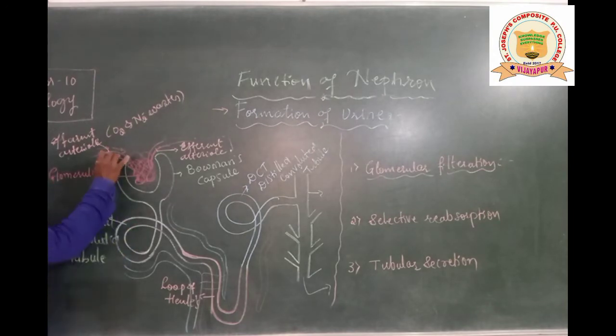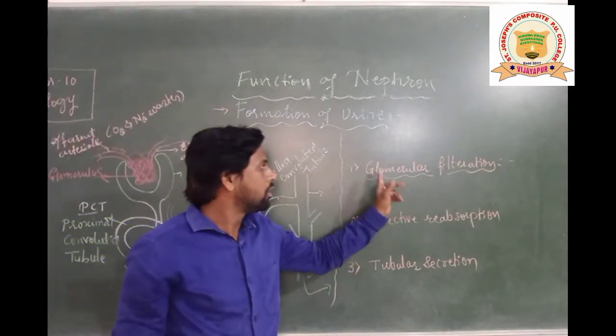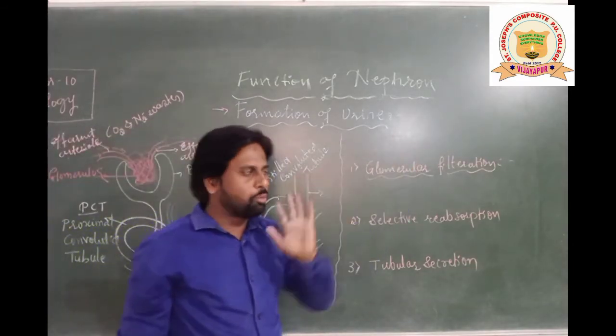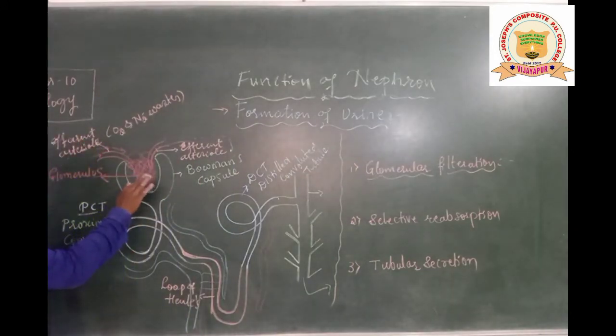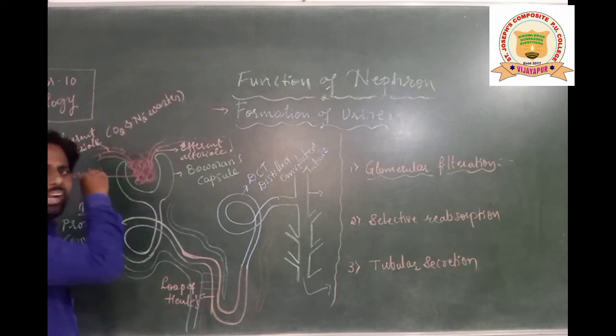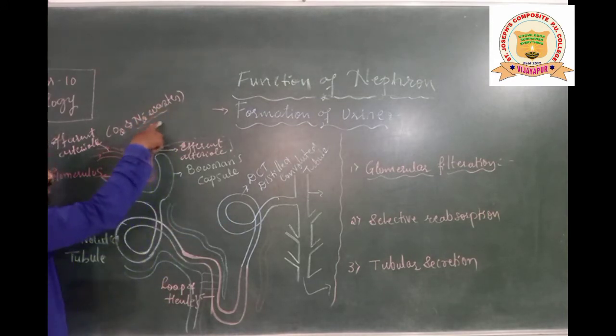Now when the blood enters the glomerulus with high pressure, I am explaining the first process, glomerular filtration, so please listen carefully. When the blood enters the glomerulus with high pressure through the afferent arteriole, whatever oxygen is there is utilized by all the nephron structures so that they can get energy. What is the main purpose of this process?